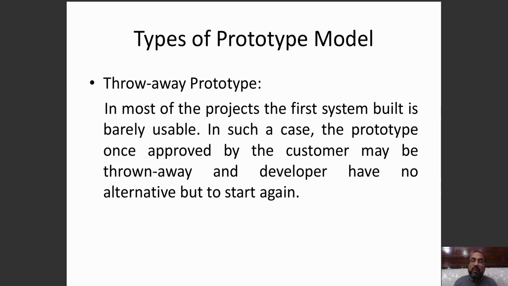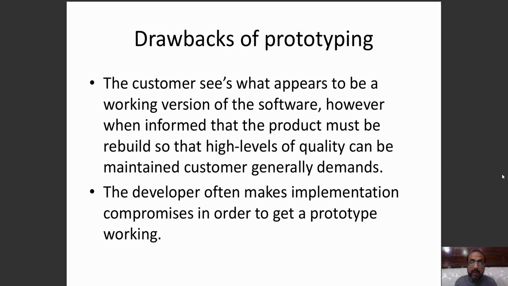So you show him the static pages, and he approves the look and feel, and the data that is being viewed in that particular context. Once you understand that this is what he wants, you can throw away the HTML and start the actual implementation with new advanced technologies, adhering to all the requirements that you showed him in the form of HTML. Now this is known as a throwaway prototype.